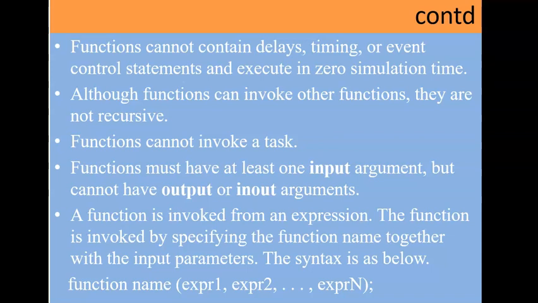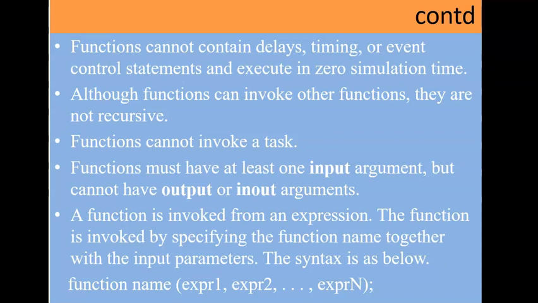Just now we have seen $stop and $finish, where after 100 units you have stopped, and after 900 units of time you have terminated. But in functions it will not be like this. This is similar to your C programming, where you have defined a main function, an average function.